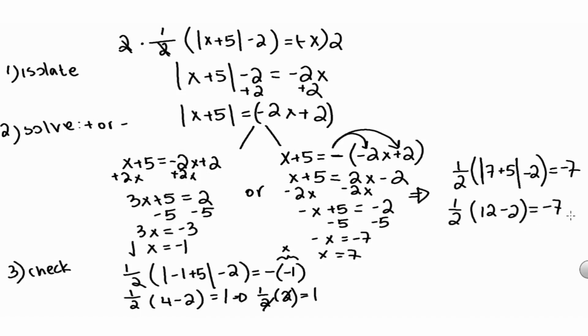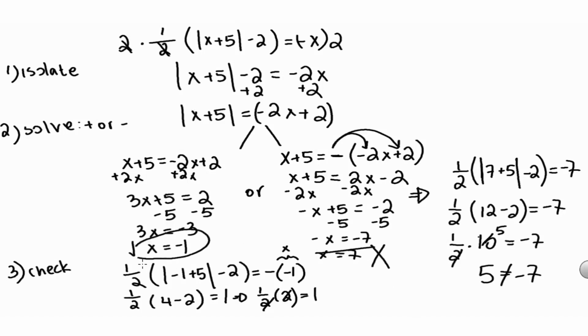I can see that this is not going to work out because 10 divided by 2 is 5, and 5 is not equal to 7. So 7 is actually not a solution. I cannot include this in my solution. x = -1 is the only solution in this case.